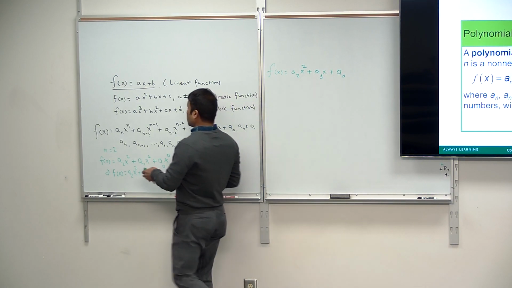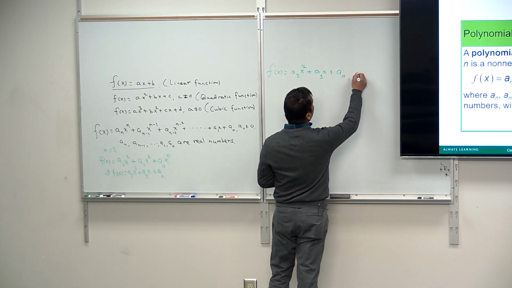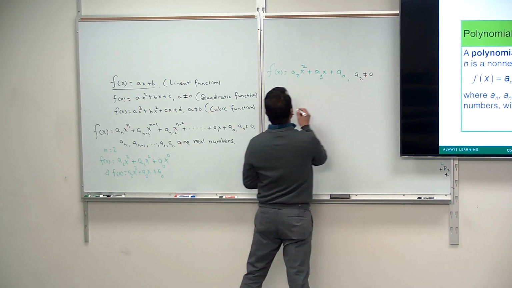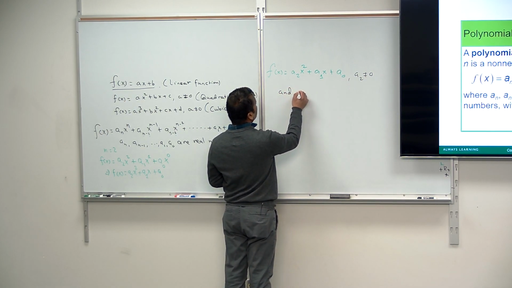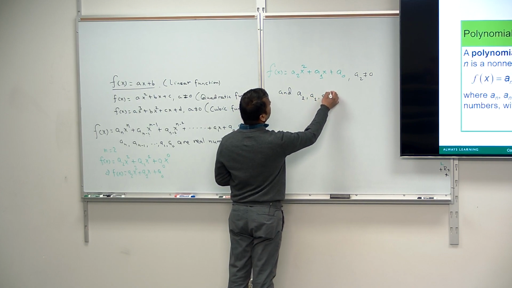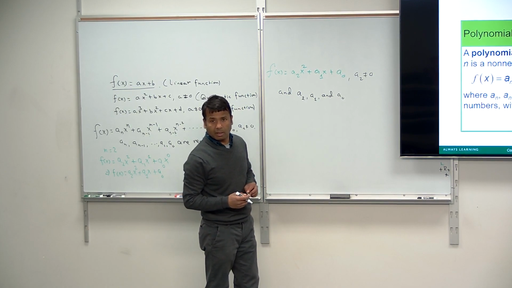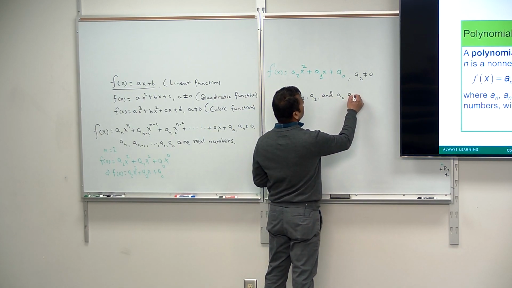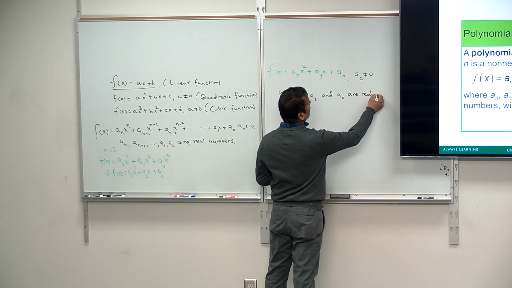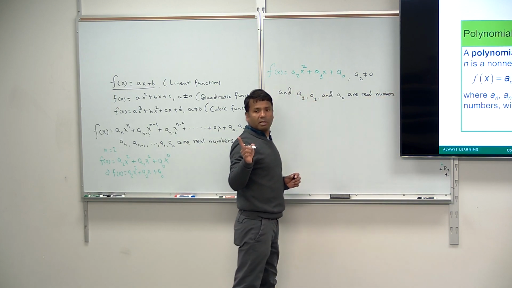So now you see this a2 is not equal to 0, and a2, a1 and a0 are real numbers. Does that make sense?